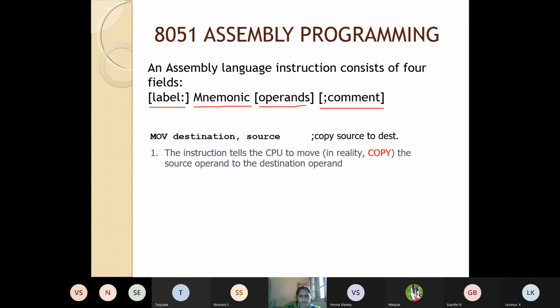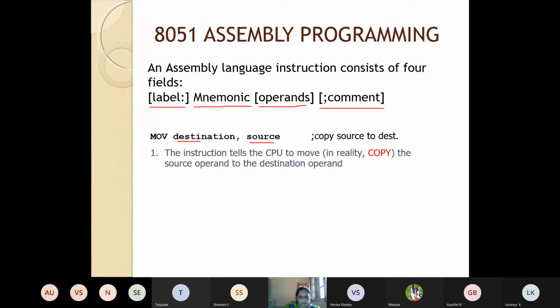So you don't get confused: in other CPUs, the first operand used to be the source and the second operand the destination. But in 8051, the first operand is always the destination and the second operand is the source. So MOV destination, source is nothing but the content of the source is copied to the destination.